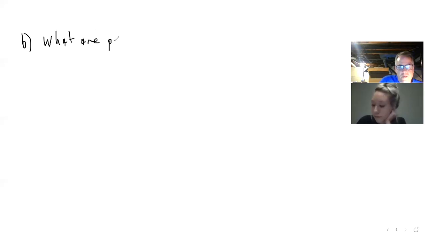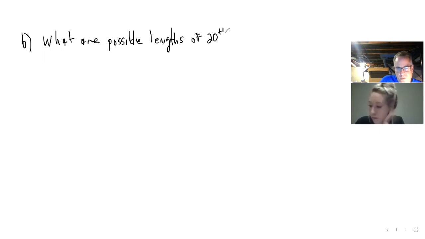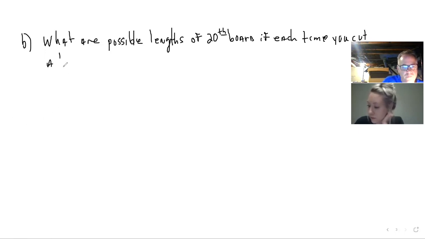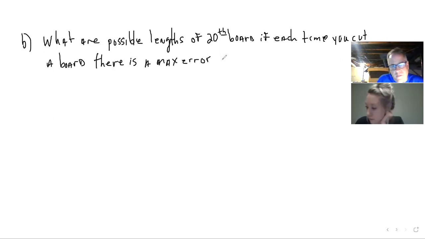What are possible lengths of the last board, the 20th board, if each time you cut a board, there is a maximum error of plus or minus 0.8%?